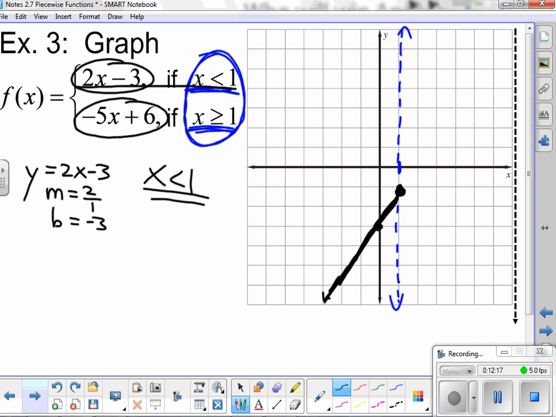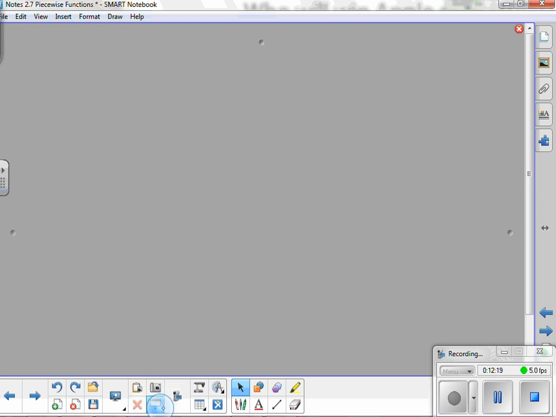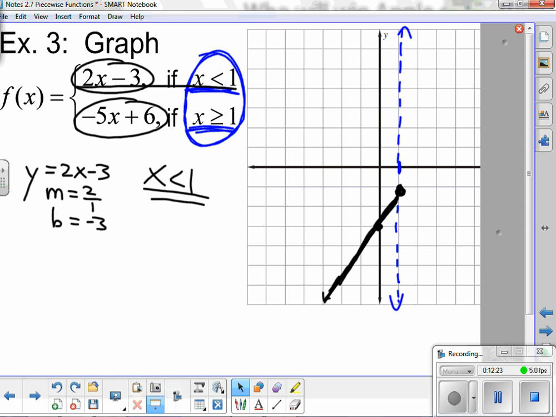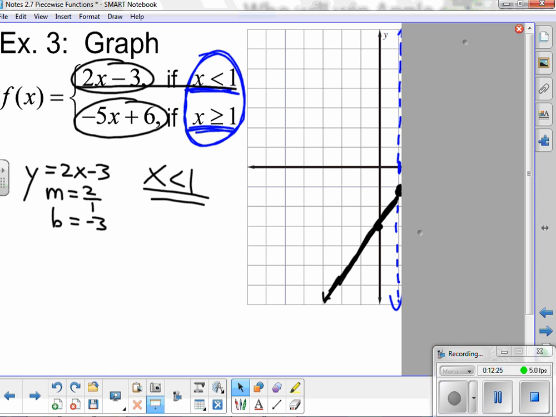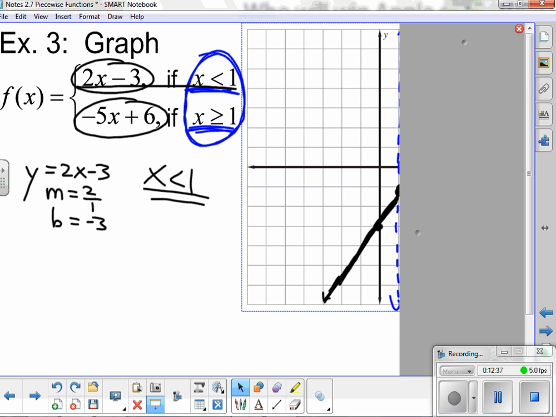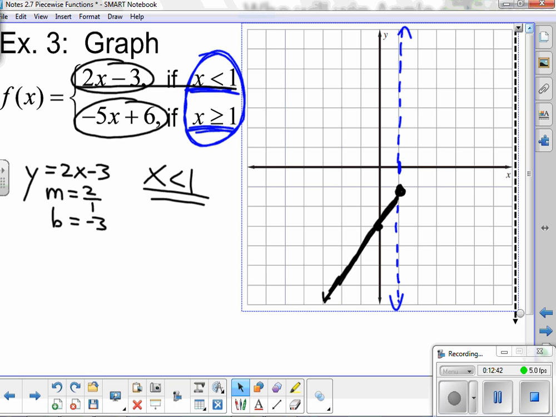So that's the left side. Okay, looking at it with the entire graph, I'll line this up right here. I only want that piece because this entire side right here is basically the left side, since that's less than 1. Okay, I don't know if that was helpful or just confusing. Hopefully it wasn't confusing.